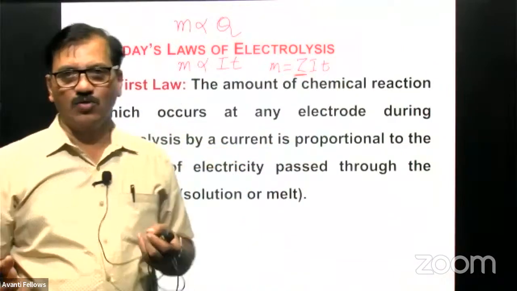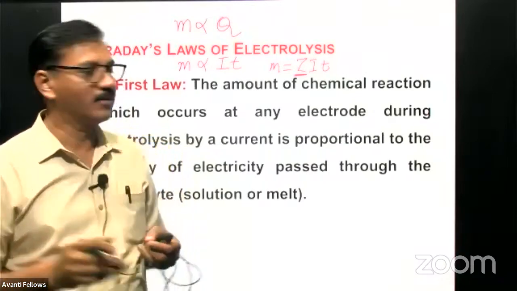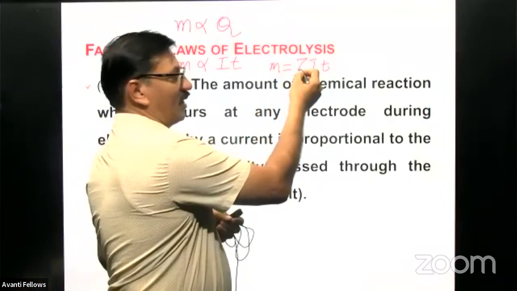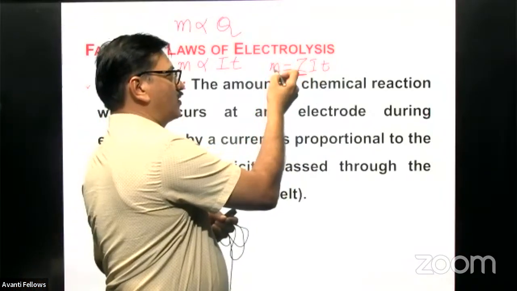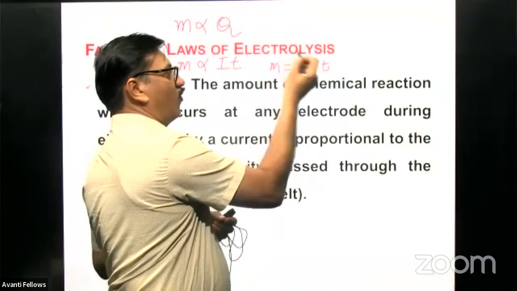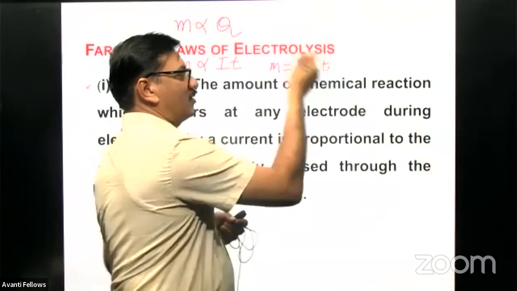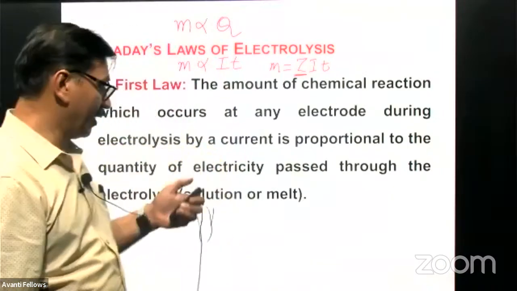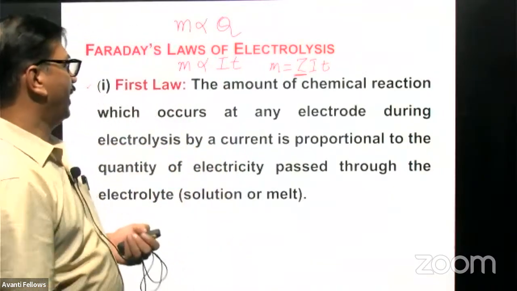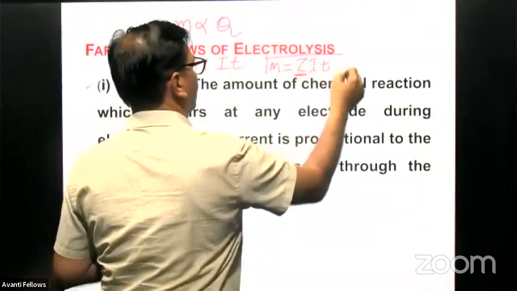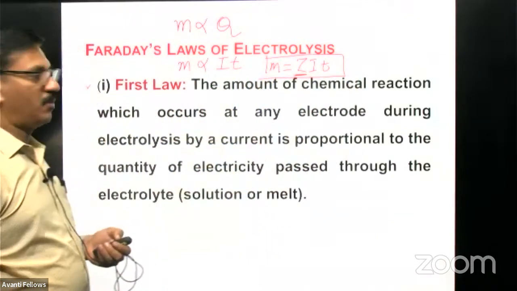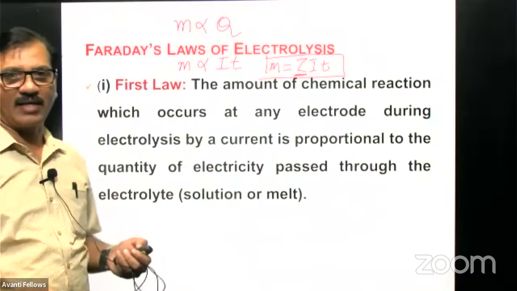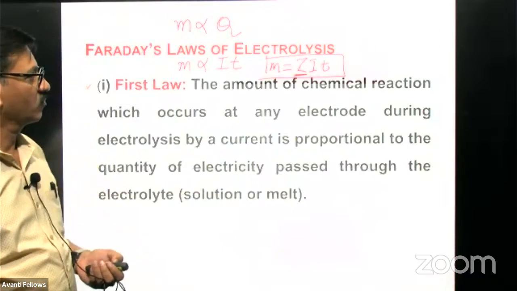This is the simple definition you can coin, right? Electrochemical equivalent is the mass of the substance deposited when 1 ampere of current is passed for 1 second. And this is the mathematical expression from Faraday's first law of electrolysis, right?